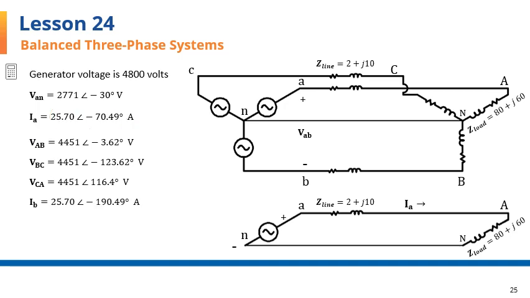And that comes to the same magnitude, of course, with this phase angle. And again, by adding 120 to this angle, we'll get IC.